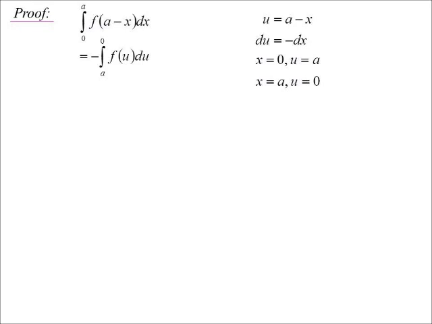I can get rid of the negative by swapping the limits around. And because it's a definite integral, it doesn't matter what the variable is, because we're going to substitute into it anyway. So the integral of f(u) du is the same as the integral of f(x) dx, thus proving those two integrals will give you the same amount. So there's a formal proof of the idea.